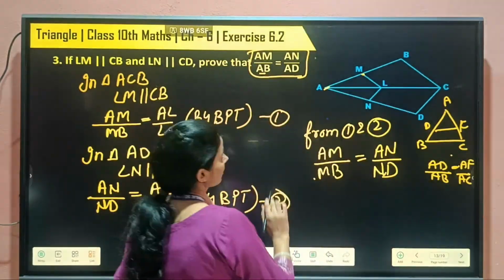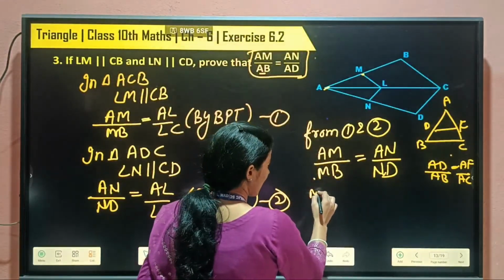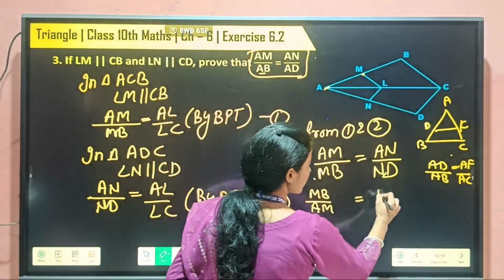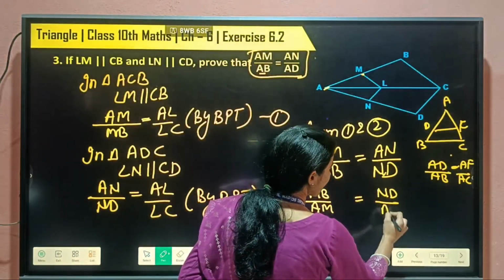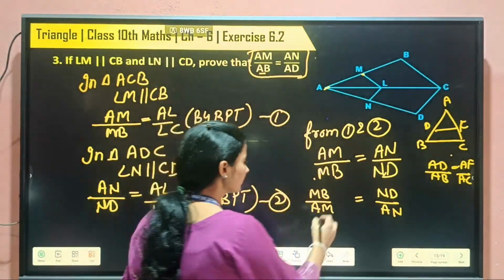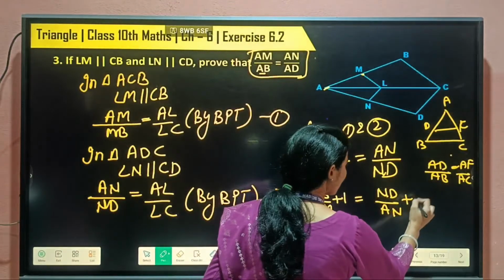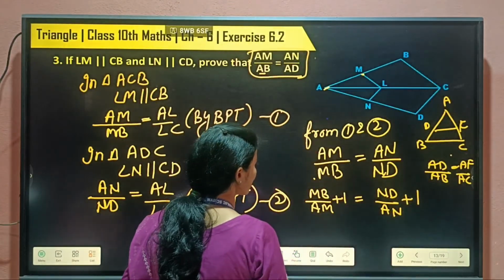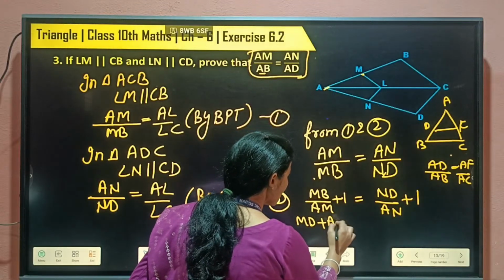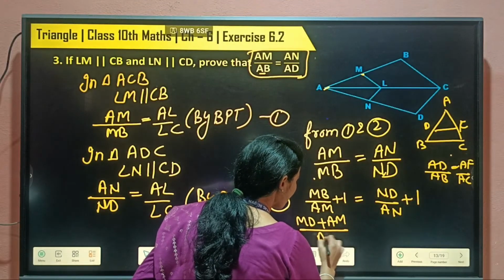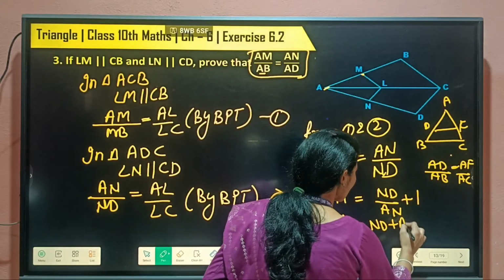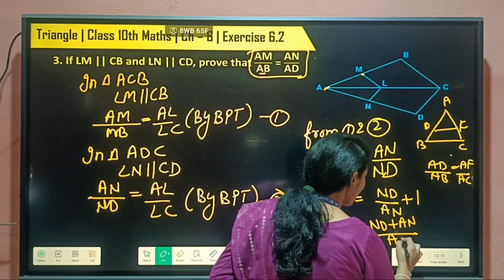Take its reciprocal once. It will be MB by AM equals ND by AN. Now adding 1 on both sides. Then it will be MB plus AM by AM equals ND plus AN by AN.